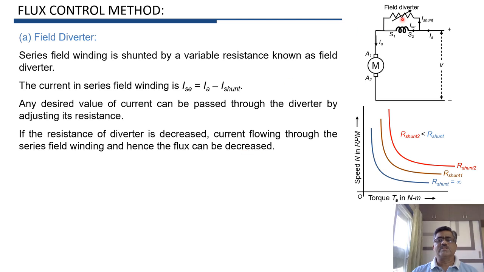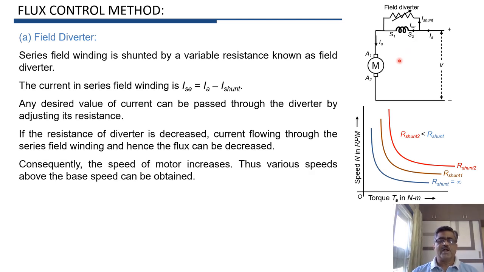So if the resistance of field diverter is reduced, current I shunt will increase and current ISE will decrease. As less current flows through the field winding, flux per pole will also reduce. Now you know that speed is inversely proportional to flux, and therefore with decrease in flux, speed will increase. And therefore, whenever the field diverter resistance is reduced, speed of motor increases.